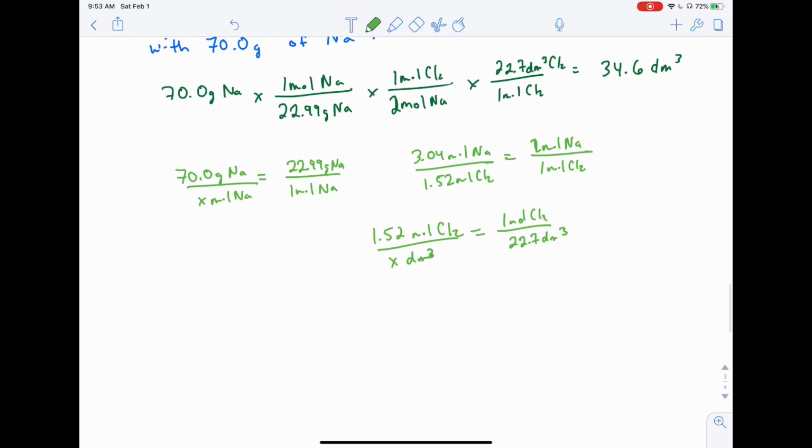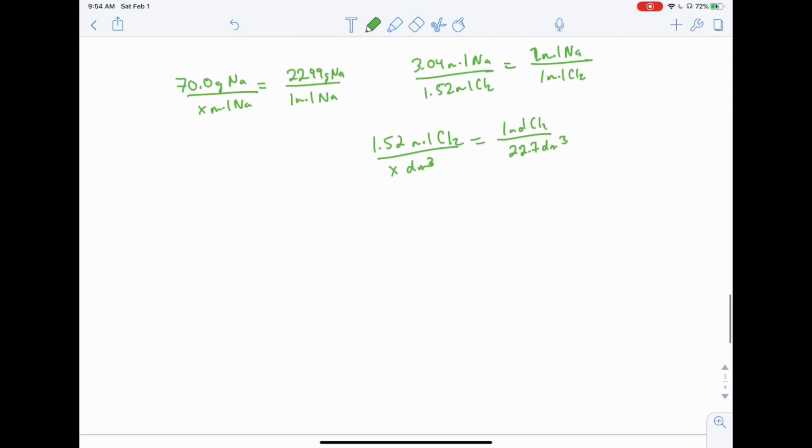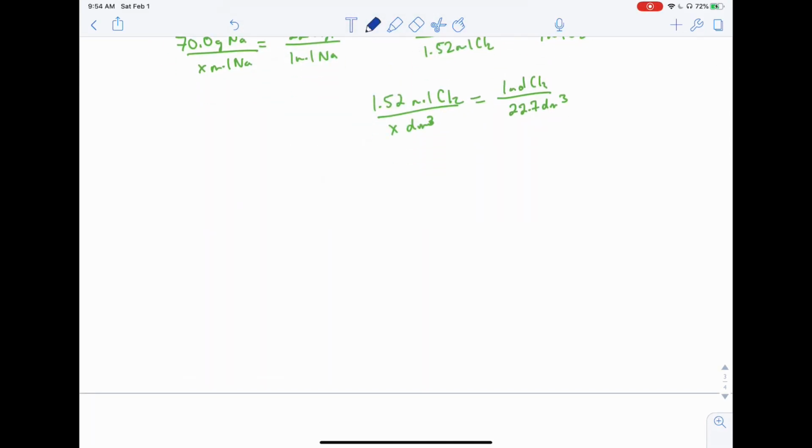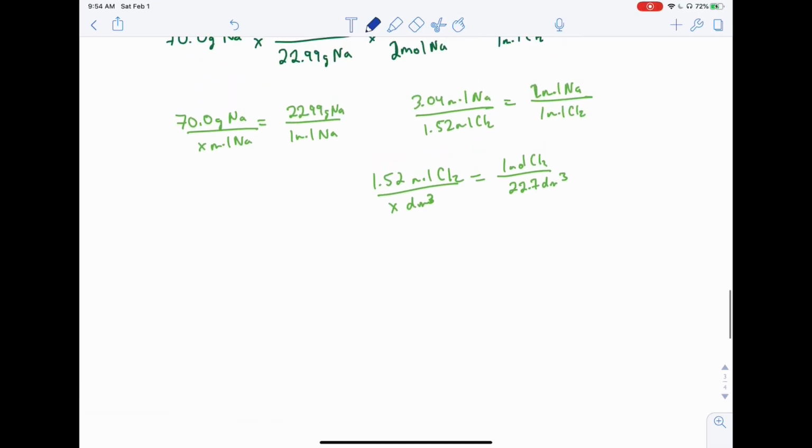Now, where this gets a little bit more challenging is when you get into limiting reactant. With limiting reactant, the issue is now you have amounts of both reactants.